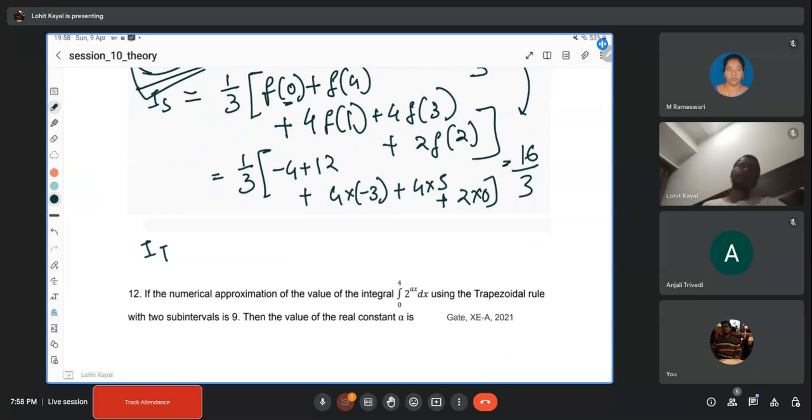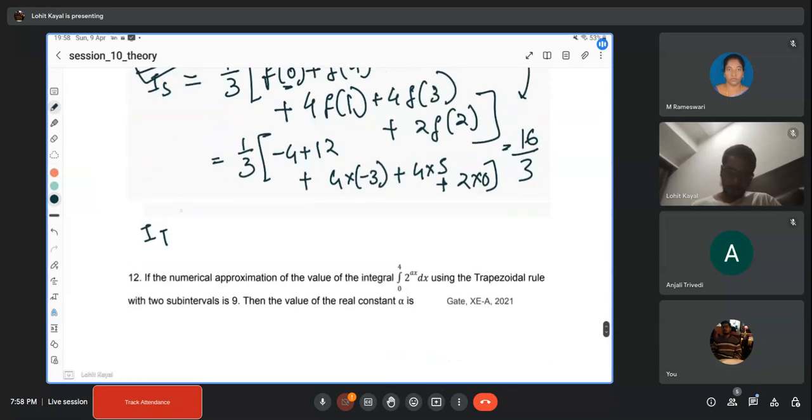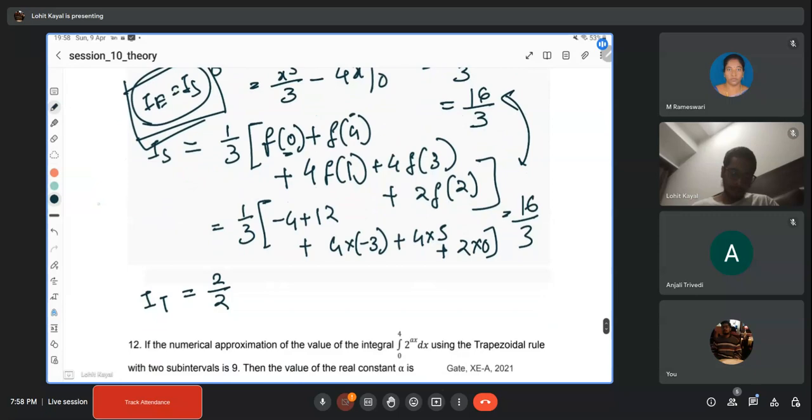IT, that is the solution from the trapezoidal rule. So here I will have two segments. I can divide it in this way, 0 to 2 f(x) dx, we have solved a problem similar to this for exactly the same limit, plus 2 to 4 f(x) dx.